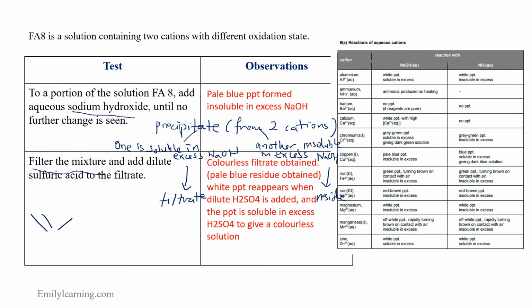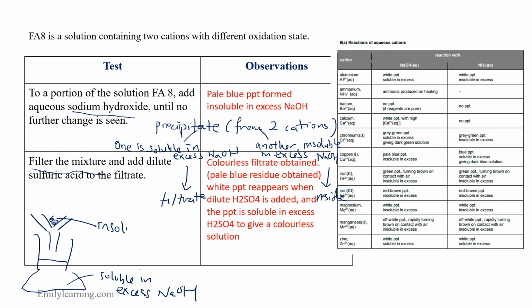So what you get inside your conical flask is the one that is soluble in excess NaOH.